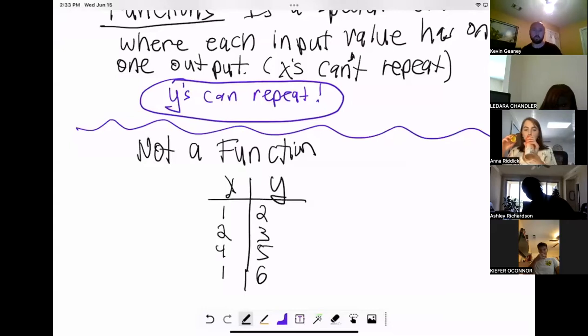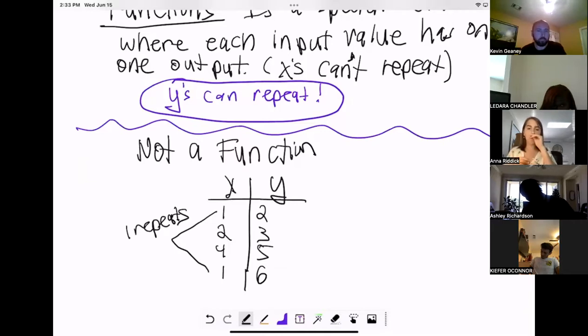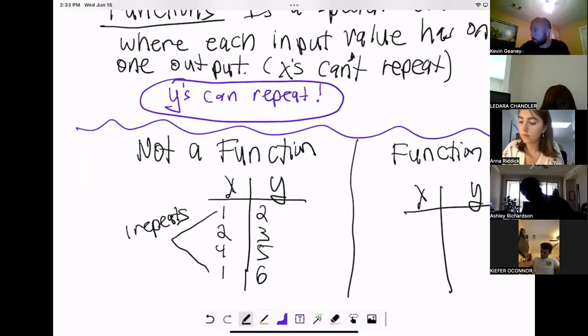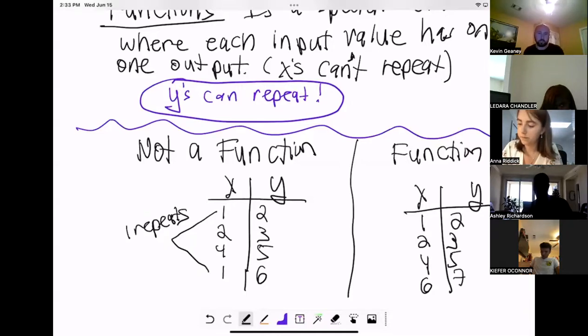That is not a function because the 1 went to 2 and 1 also goes to 6. In other words, 1 repeats. That makes it not a function. Versus the same scenario, 1 goes to 2, 2 goes to 3, 4 goes to 5, 6 goes to 7. That is a function because all the x's do not repeat.